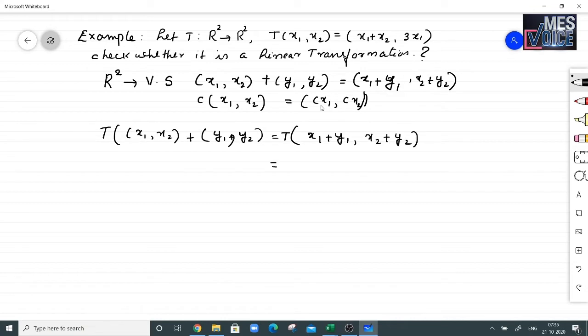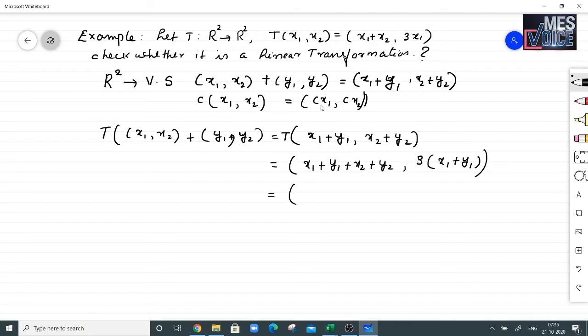This is equal to, the mapping is T of (x1, x2) maps to (x1 plus x2, 3x1). Therefore T of (x1 plus y1, x2 plus y2) maps to (x1 plus y1 plus x2 plus y2, 3 times the first coordinate, that is 3 into (x1 plus y1)).